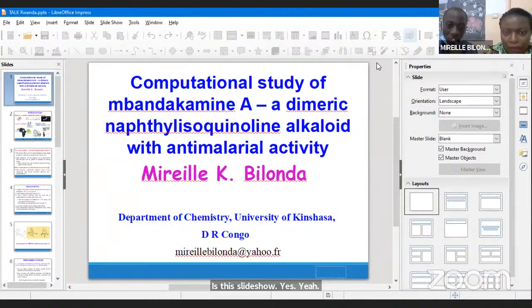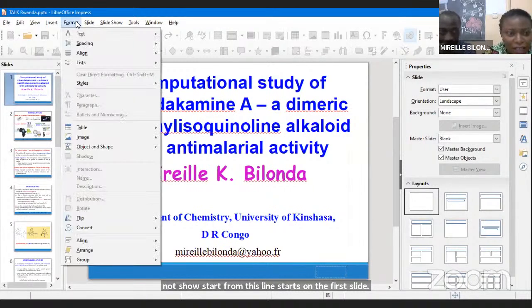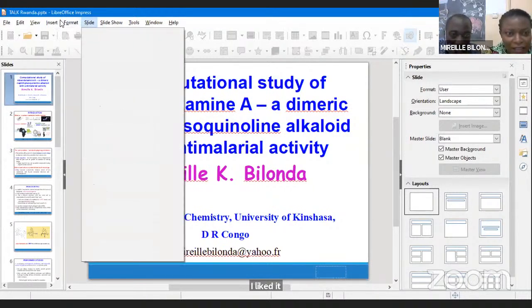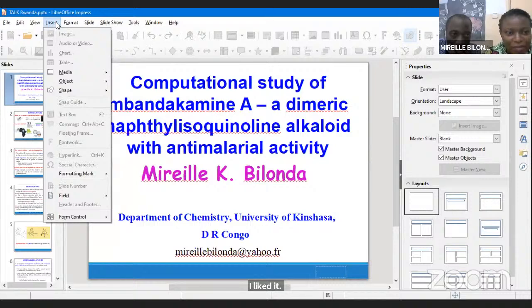No, click on slide and then choose an option: start from this slide or start from the first slide. It's not highlighted. That's the problem. Recording started.